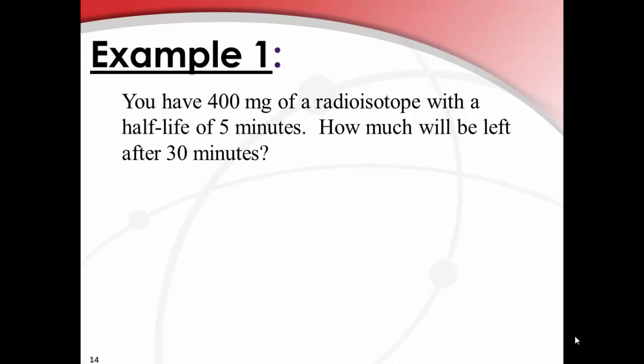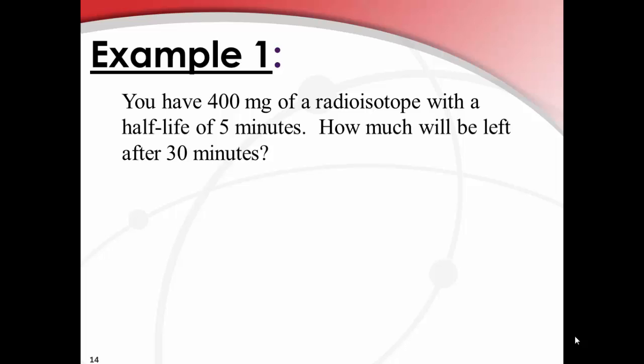Example 1. You have 400 milligrams of a radioisotope with a half-life of 5 minutes. How much will be left after 30 minutes? So let's just think it through. I know that for every one half-life period that passes by, half of the radioisotope will decay.